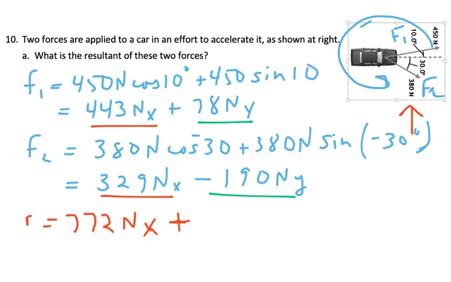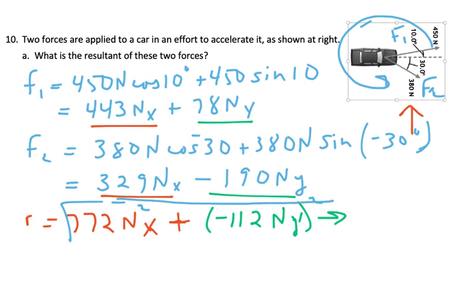So 78 plus negative 190, and you get negative 112. So if you wanted to find the magnitude of the resultant vector, you would square both and take the square root. Yay, Pythagorean theorem. And you would get that your magnitude is 780 newtons.